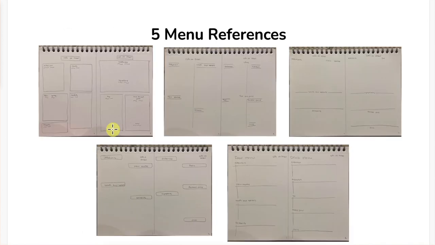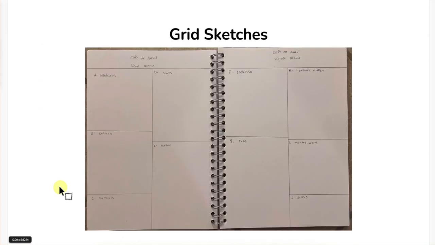Okay, so here's your references. You picked your favorite ones and kind of blocked them out in your grid sketches. Okay, so when we make a grid, I guess this is more of a column grid here, but you want to make sure that you give yourself a margin between each column at least.